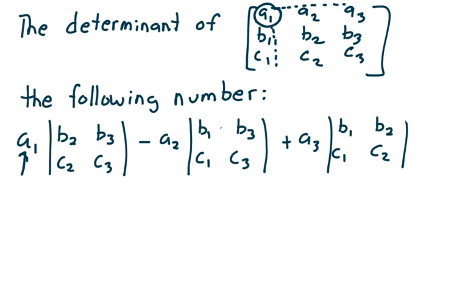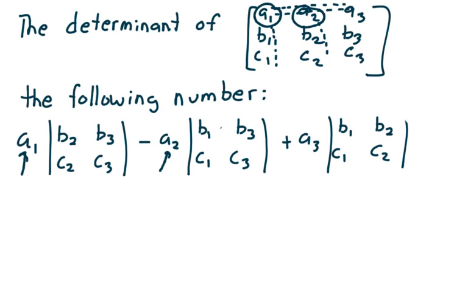Then we're going to alternate signs. So we're going to subtract A2. We eliminate the row and the column that contains the entry A2, and then multiply by the determinant of the resulting matrix, which is the determinant of B1, B3, C1, C3.